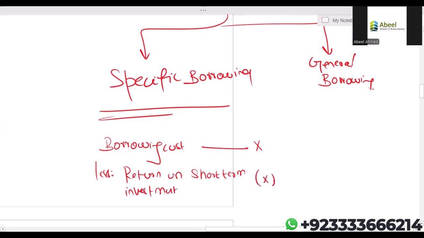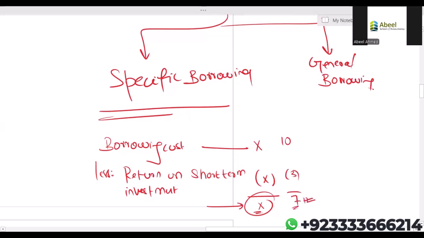For example, if the borrowed fund was invested as well, so whatever return I have generated on that fund, that will be deducted from the borrowing cost. But you need to understand one thing, this net borrowing cost will be capitalized. For example, if it is 10 million, it is 3, then 7 will be capitalized.